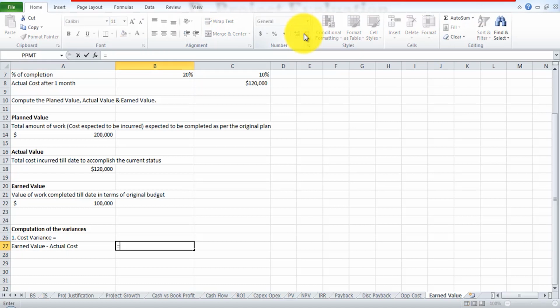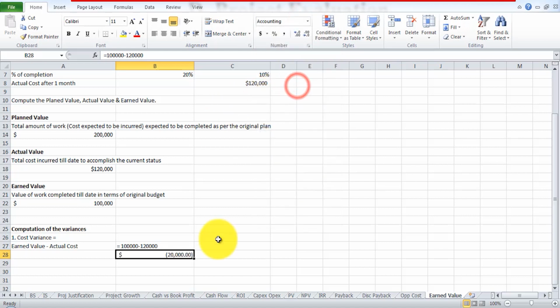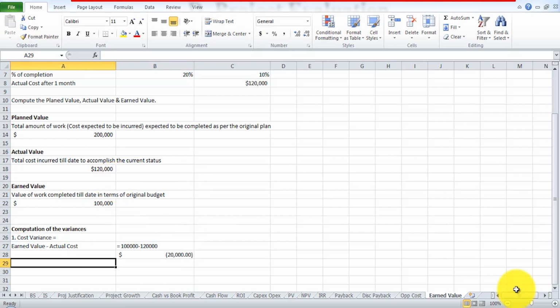So that's equal to $100,000 minus $120,000, which is a negative $20,000. This is how you come to know the status of the project in terms of cost. They have already overspent $20,000 compared to the planned amount.